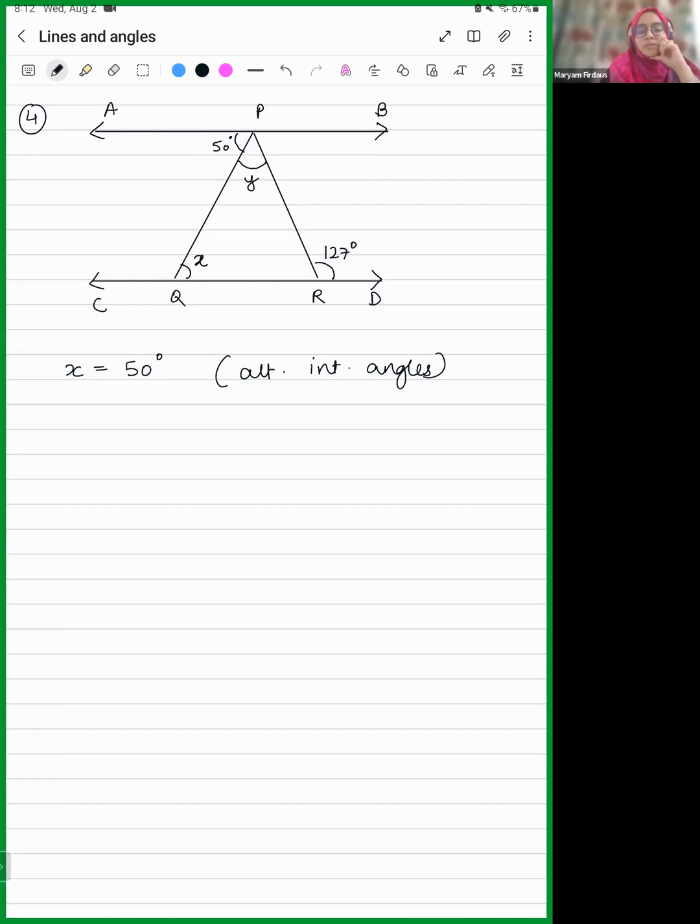Yes, that's also very simple. How do we find Y? 127 plus 50 plus y is equal to, no. Abdul Rahman, Munir, would you like to participate in the class?